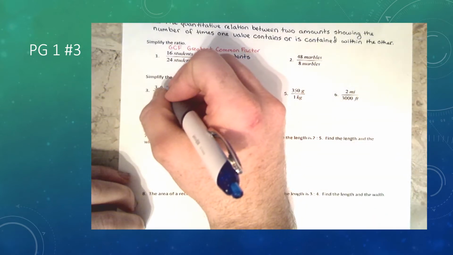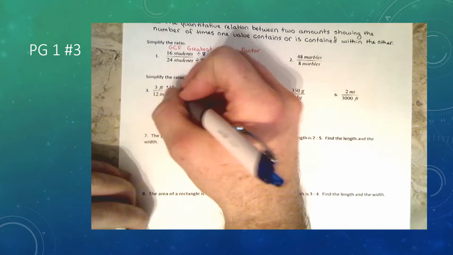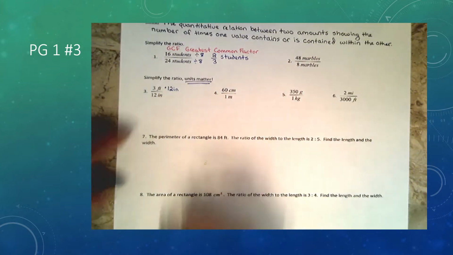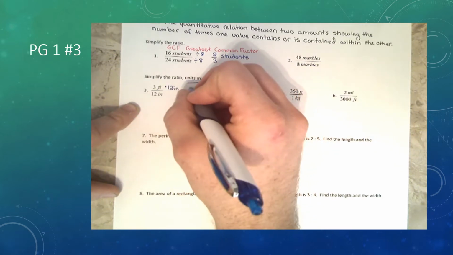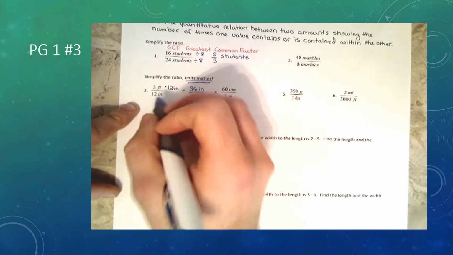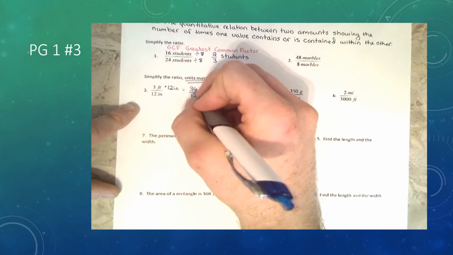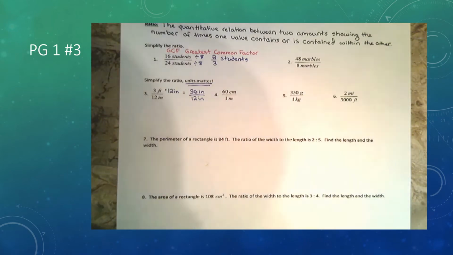So I'm going to multiply just the numerator by 12. So specifically 12 inches. When I do this, I would get 3 times 12 is 36. So I would have 36 inches over what I already had in the denominator, which is 12 inches. Now again, I did not multiply the denominator because it was already in inches.